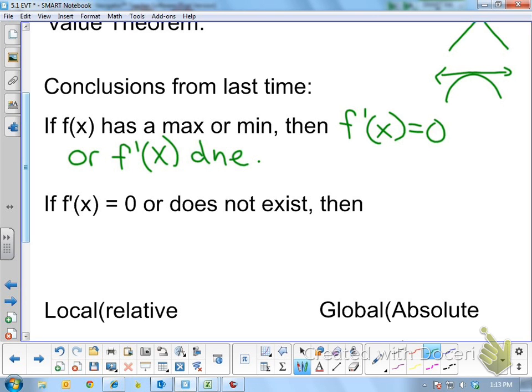Which is still good information, because instead of having to choose from all x values, we can limit it to the x values that are possible maxes and mins. So if f prime of x equals 0 or does not exist, then f has possible extreme values.